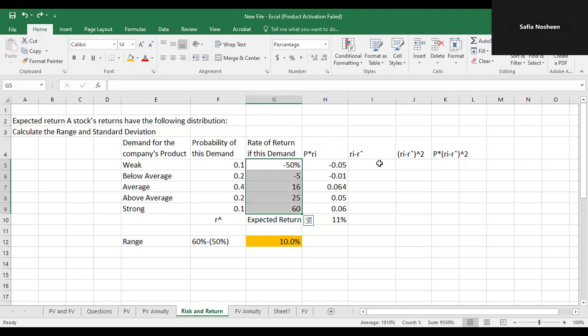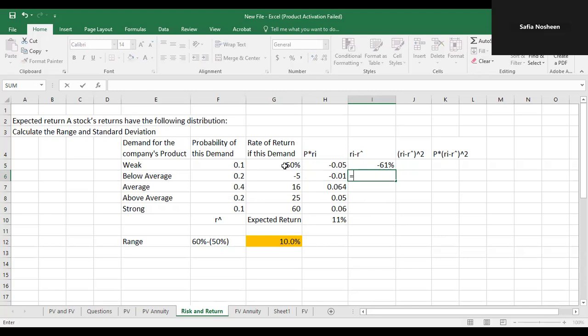We will have these values in this column. It should be in percentages.